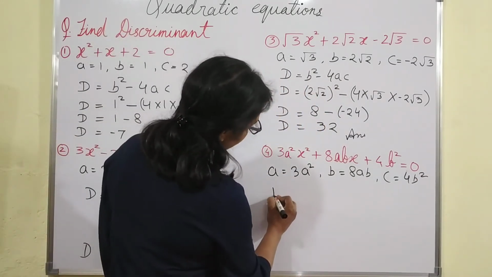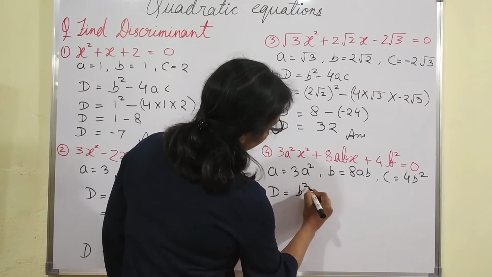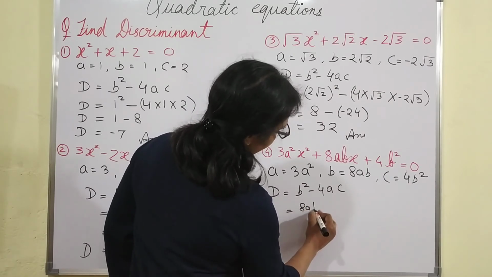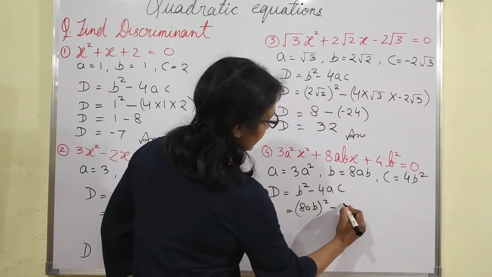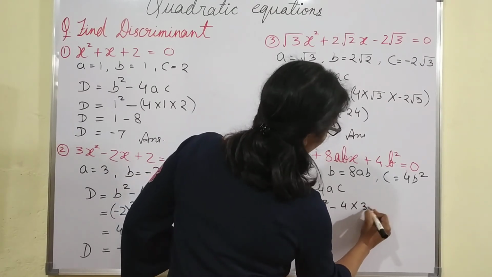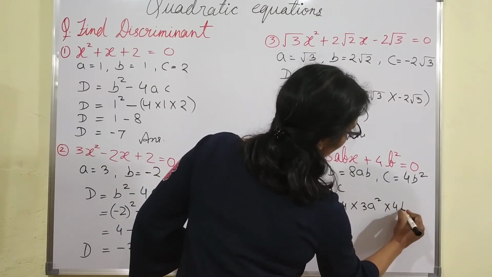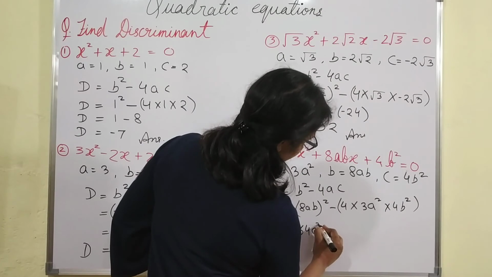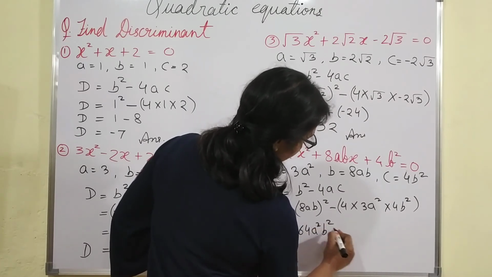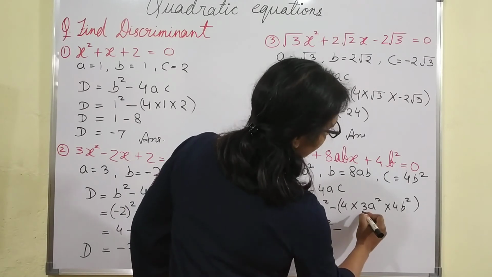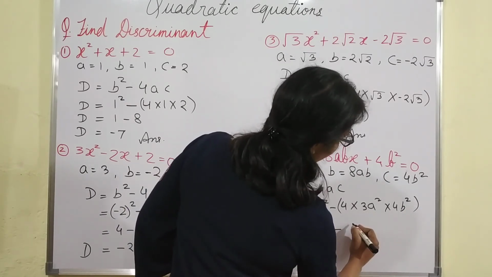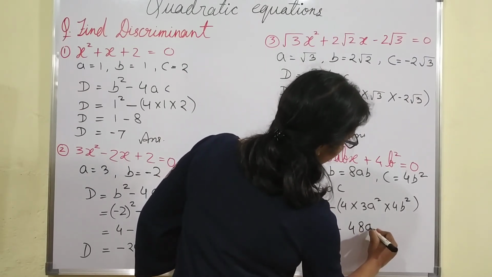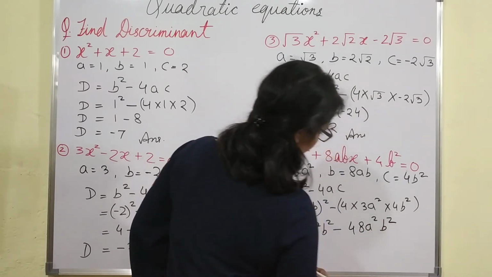So d equals b square minus 4ac. 8ab whole square minus 4 into 3a square into 4b square. 64a square b square minus 12 4s are 48, 48a square b square.